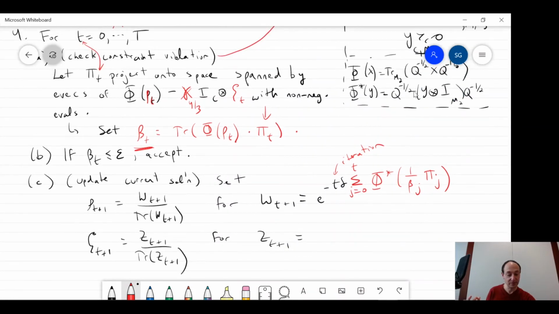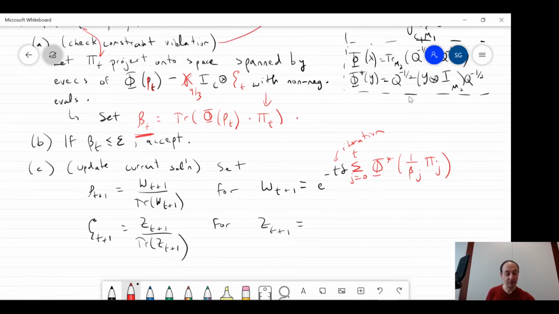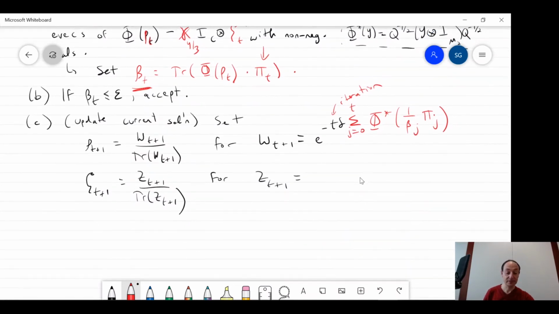Phi star just conjugates you essentially by Q inverse, technically. And so, depending on the overlap between this bad subspace and these Q's when you do this conjugation, that's going to drive us towards the next solution. That's the idea. And I sum over all the steps before this, so I take them all into account.